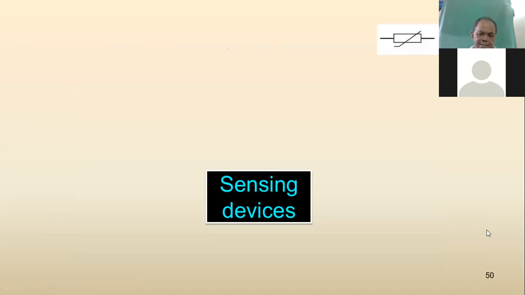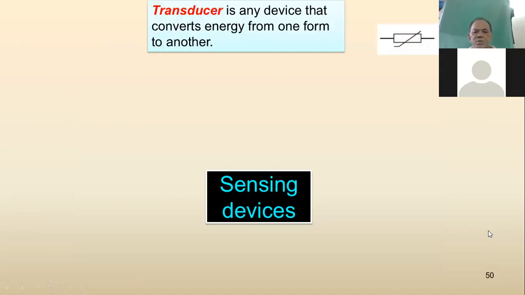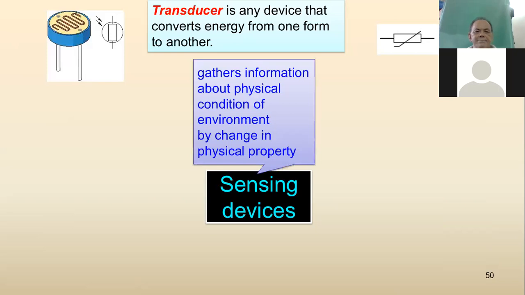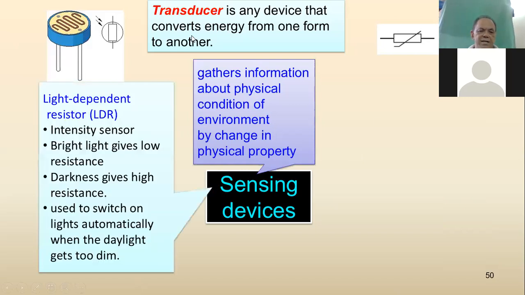So we can summarize what we have studied. Transducer, any device that converts energy from one form to another. There's an example, the LDR. The input sensor gathers information about the physical change of the environment. You have the light-dependent resistor.